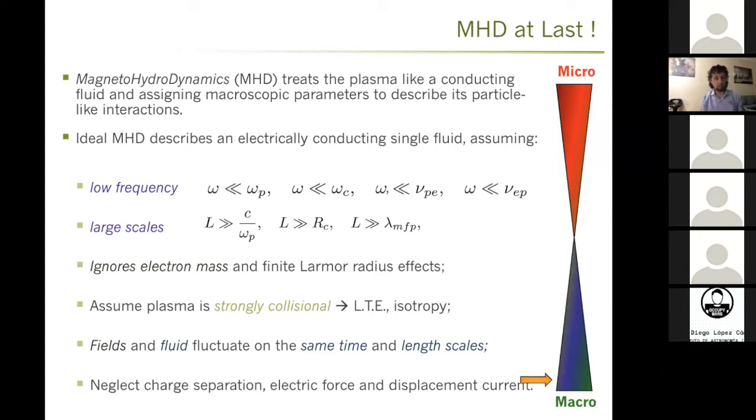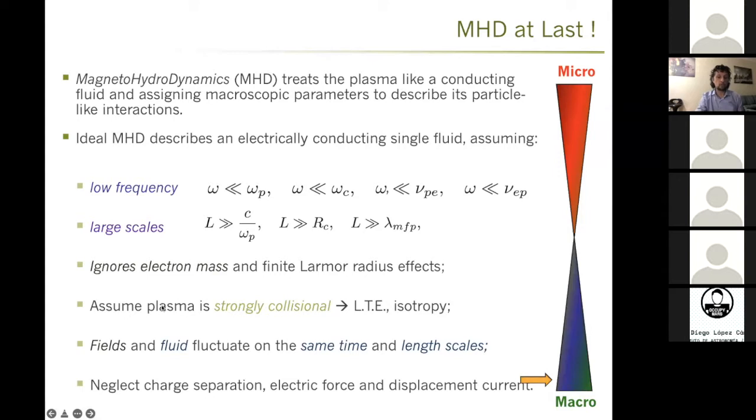Then you also assume large scale. Anything in MHD is larger than the skin depth or the gyro radius, or the mean free path. Then we completely ignore electron mass and finite Larmor radius effects, which is the same as saying electron physics is not present in MHD.